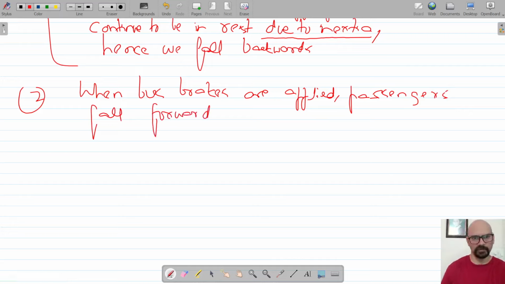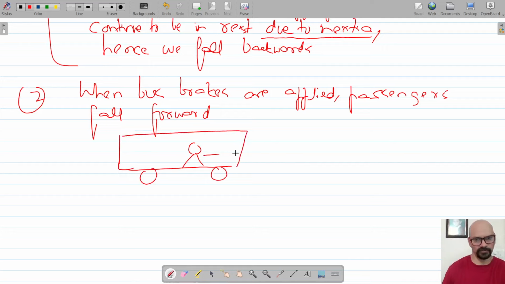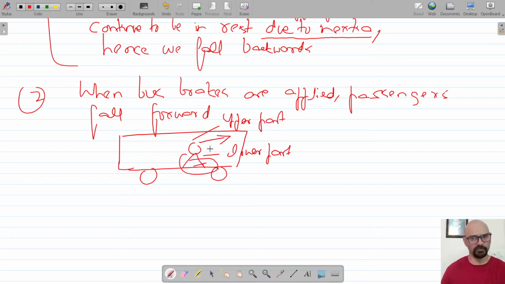In this case, it's the same reason. Let's say this is the lower part of the bus where the passenger is in contact, the lower part of the body, and this is the upper part. Now, when the brakes are applied, because the lower part is in contact with the floor of the bus, this part will come to rest, but the upper part will continue to be in motion, hence we fall forward. So this is because of the inertia as well.